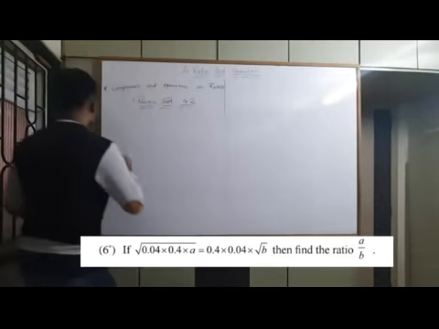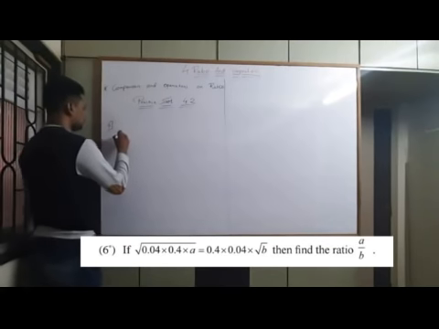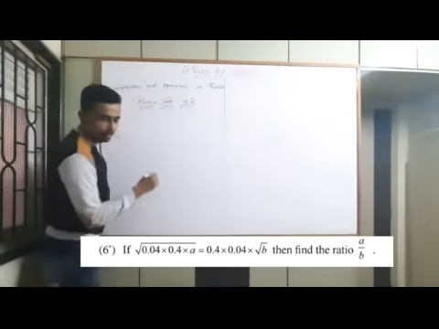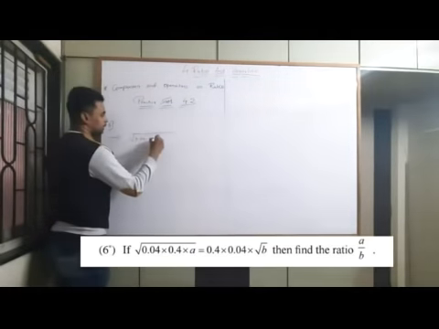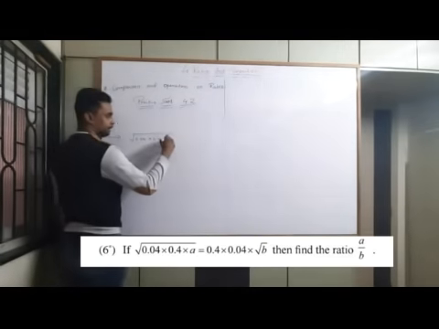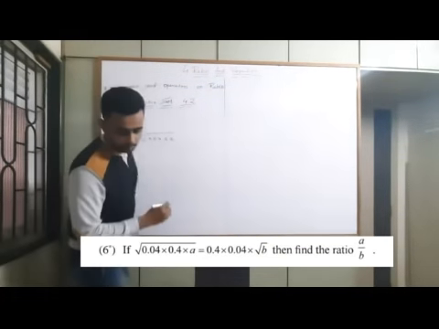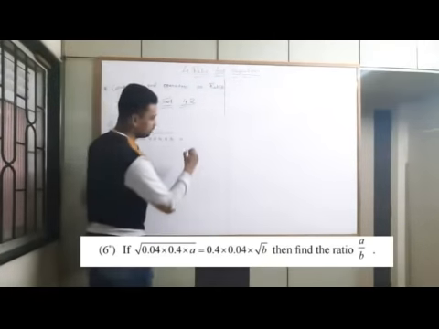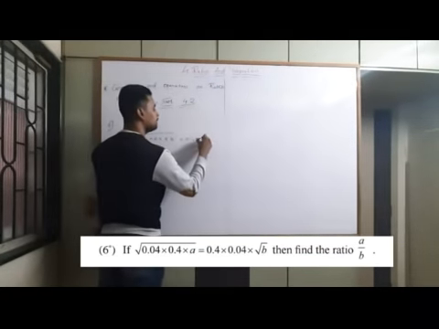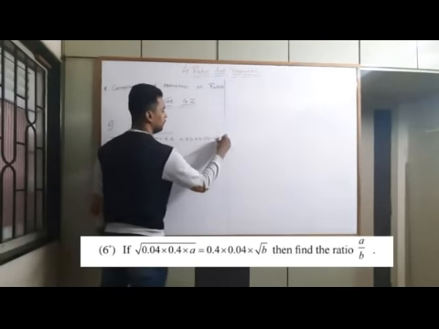So what are we given over here in this 6th question is, let us start. We have under root 0.04 multiplied by 0.4 multiplied by a, which is equal to 0.4 multiplied by 0.04 multiplied by root b.